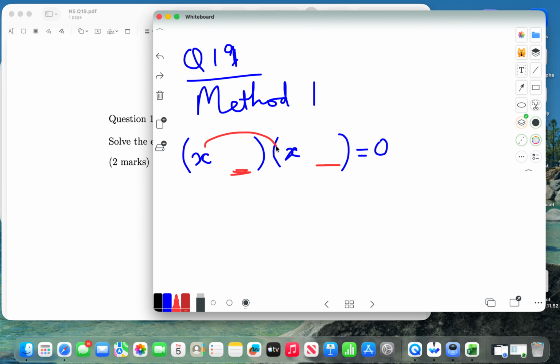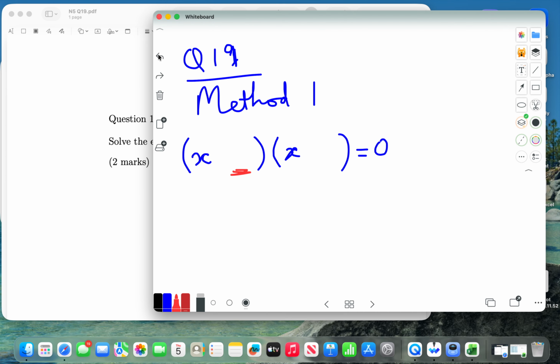So these would multiply, you would get the term in x squared, you would get a term of x multiplied by a number, so it would be a term in x. Same idea here, it would be a term in x because you've got an x being multiplied by a number, and these two numbers will multiply.